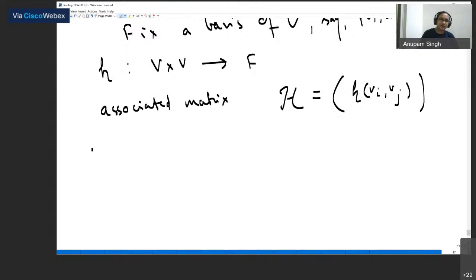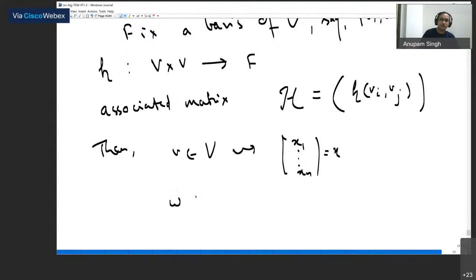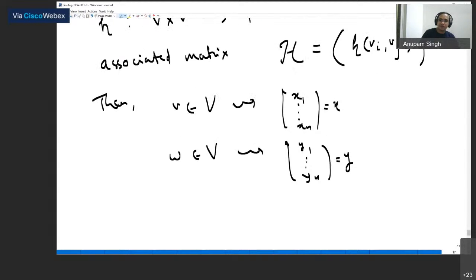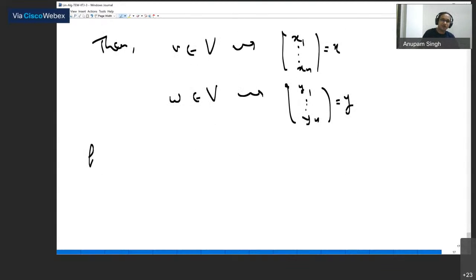And we can verify the following. Suppose I have V in the vector space with coordinates x1, x2, up to xn, which is x, and suppose I have W with coordinates y1, y2, up to yn, which is y. Then using this matrix, I can calculate H of V comma W, which will be x transpose, then the matrix H, but here I have to have y bar.